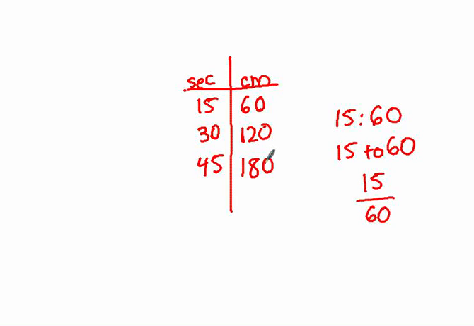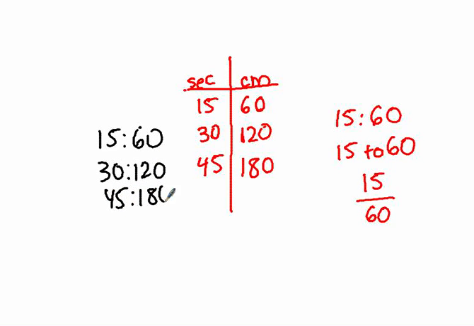So we could say 15 to 60 is equivalent to 30 to 120, or 45 to 180, and we could call these fraction forms too, and say 15/60 equals 30/120, or 45/180.